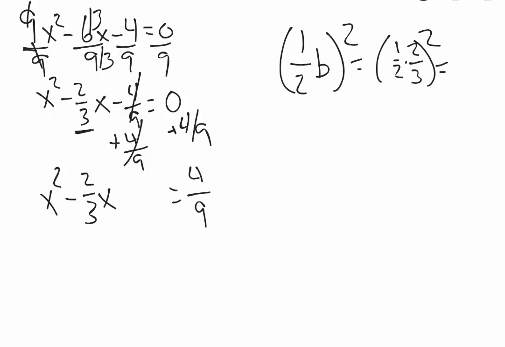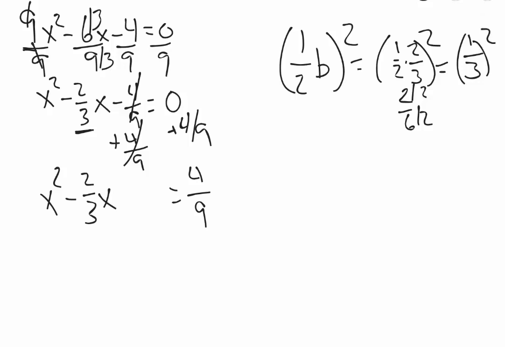When we multiply this on the inside here, we are left with 2/6 as our fraction, right? 1 times 2 is 2, 2 times 3 is 6. We do need to reduce this and divide each side by 2, which is going to give us 1/3 when we simplify that fraction. And we still need to square this here.